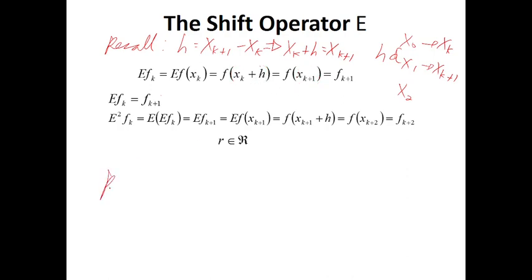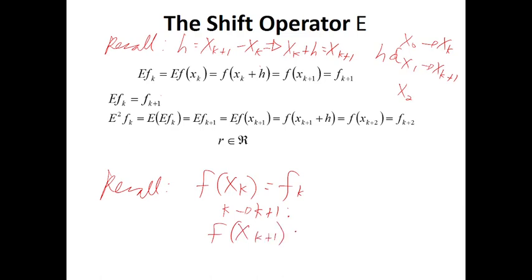Recall also that f of x sub k equals to f sub k. If k is converted to k plus 1, so what happens is that this becomes f of x sub k plus 1. That is f sub k plus 1.